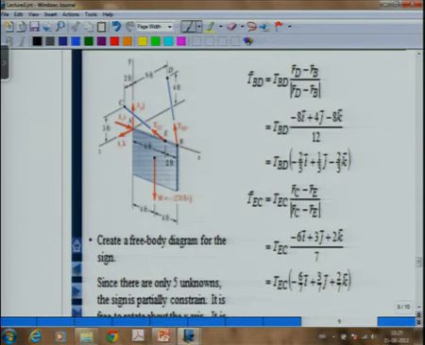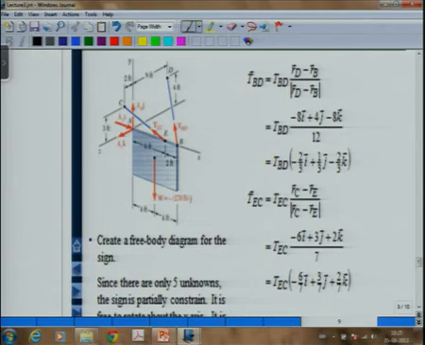The weight is passing through the x axis, the 3 unknowns are passing through the x axis, the 2 tensions are passing through the x axis. That means if I take moments about the x axis of any point, what will I get? 0. So, that is one trivial equation which I was talking of, that moments about the x axis of any of these points will always be 0.